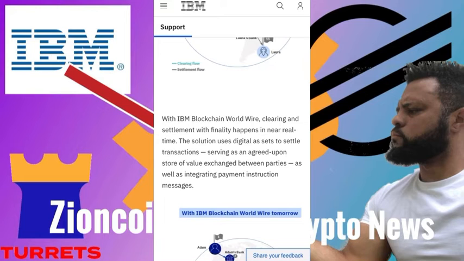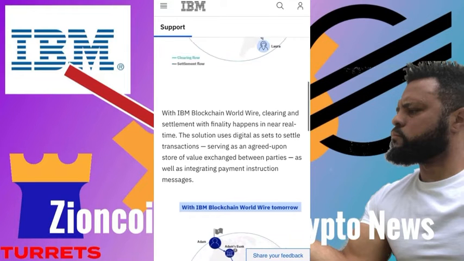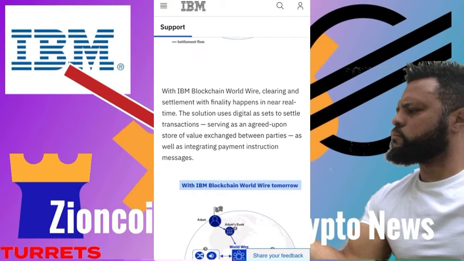With IBM Blockchain World Wire, clearing and settlement with finality happens in real time. The solution uses digital assets to settle transactions, serving as an agreed upon store of value exchanged between parties, as well as integrating payment instruction messaging. IBM World Wire uses Stellar, if you don't know, as the solution.